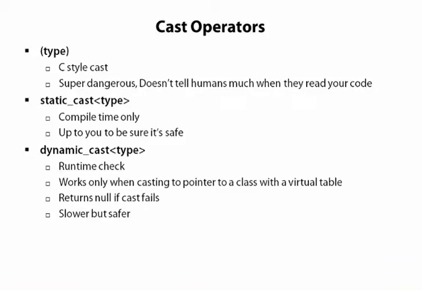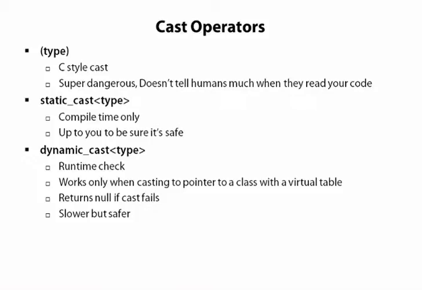The dynamic cast has a runtime check. And the runtime check relies on knowing what the type is at runtime. It's restricted to working with pointers to objects of classes that have virtual tables. The cool thing about a dynamic cast is that when you're trying to cast to a pointer, if it doesn't work, because at runtime it can be established that that's not really pointing to a tweeter, you get back a null pointer.